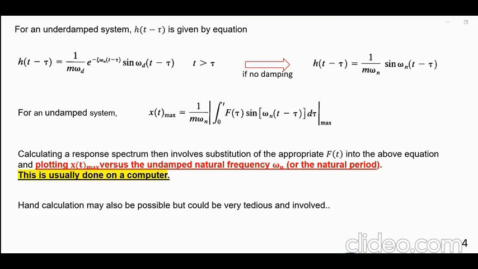But for a simple situation, such as a suddenly applied load, or a ramp followed by a horizontal curve, so a ramp followed by a constant value, or maybe even other situations which we're not going to consider. We only consider basically the ramp, then horizontal curve.